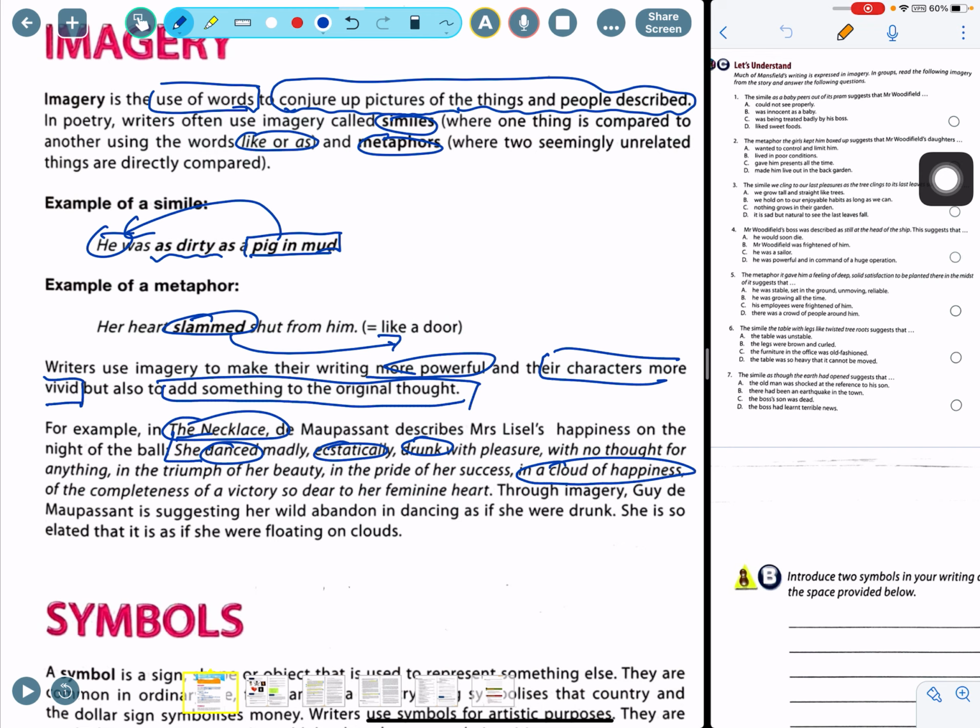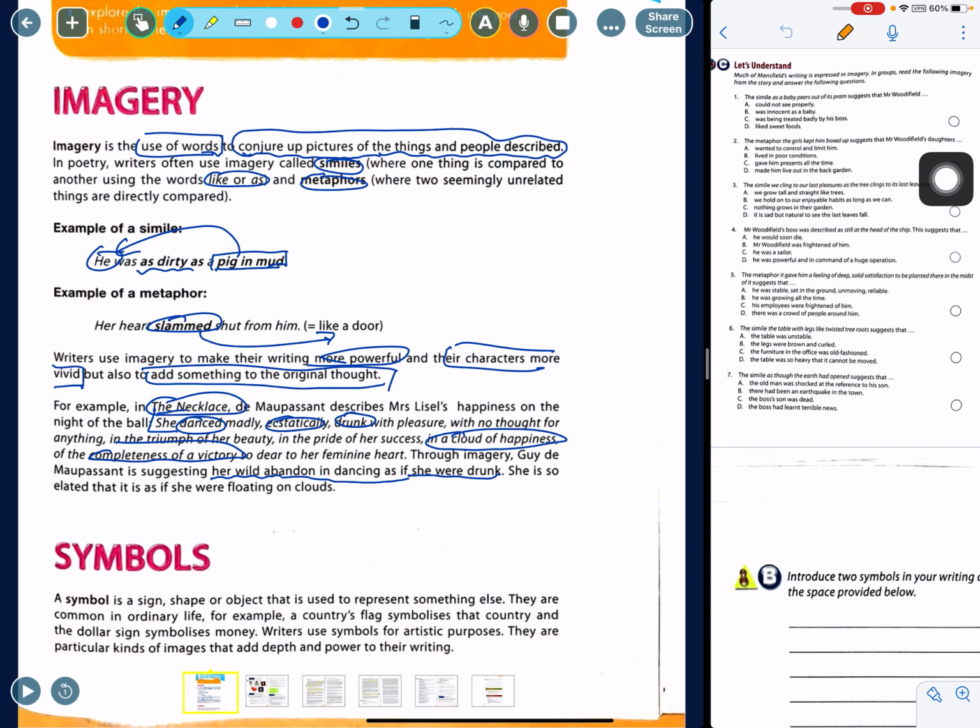You see, this sentence is very vivid. It tells you the emotion of that person at that time. It's like super happy, extremely happy, dancing, a cloud of happiness. Even so, she has gone wild, her wild abandon in dancing as if she were drunk. So this kind of image helps you to create a very clear mental picture of what that person or that thing is.